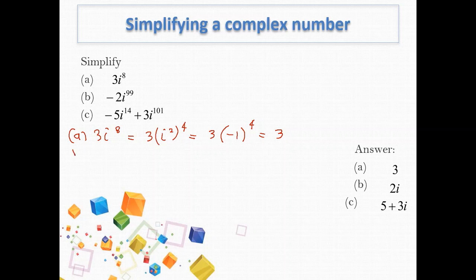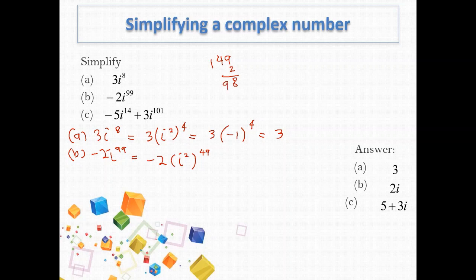Okay, so B is negative 2 multiplied with i to the power of 99. You can simplify that. Go back to the basic, which is i to the power of 2. What gives us at most 99, or 98, which is 49, I think. So 49 times 2 is 98.